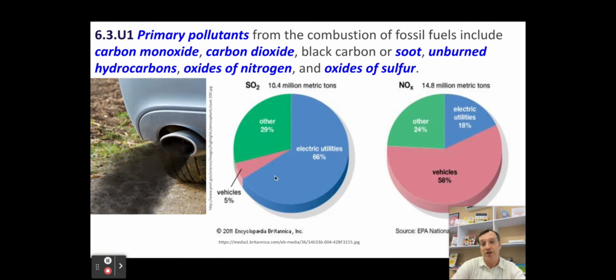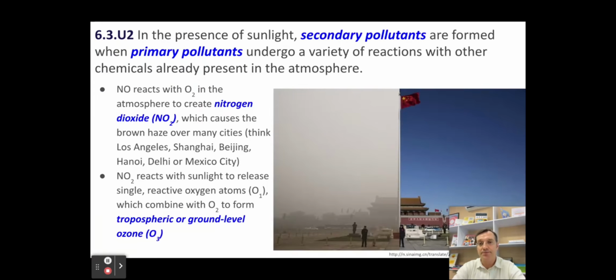You just need to know that the main source of sulfur dioxide as a primary pollutant is the burning of coal to produce electricity. On the other hand, these different oxides of nitrogen come predominantly from vehicular traffic. Some of it comes from burning coal, but most of it comes from cars and trucks on the road.